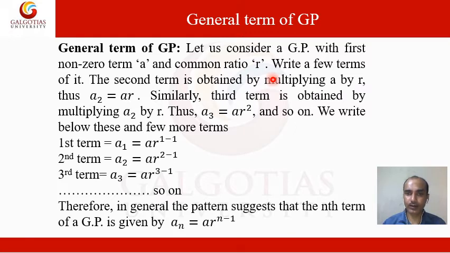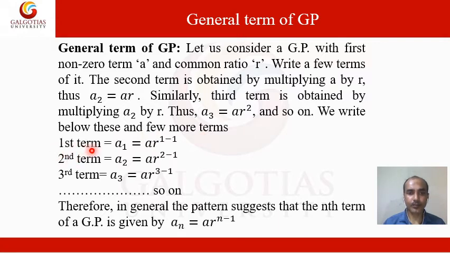So each next term of this list of numbers is obtained by multiplying its previous term by R. So if A is the first term, then the second term is A multiplied by R, that is AR. In the same manner, the third term is obtained by multiplying A2 by R. So the third term is AR square, and so on. We write below these and a few more terms.